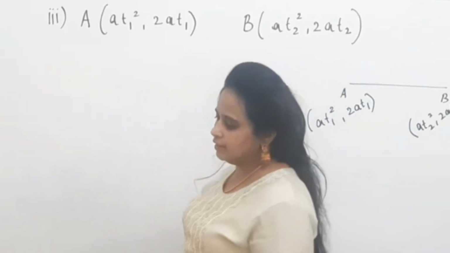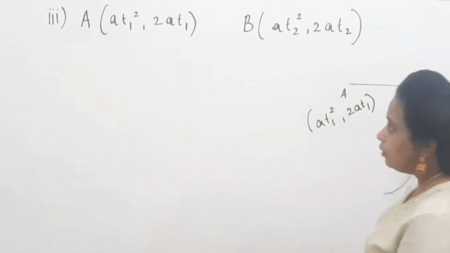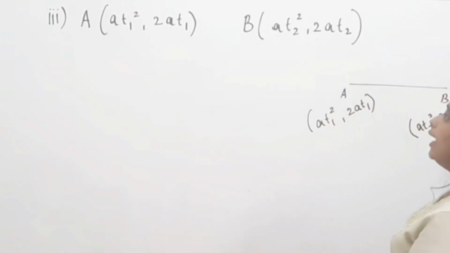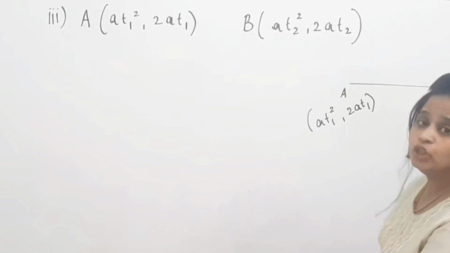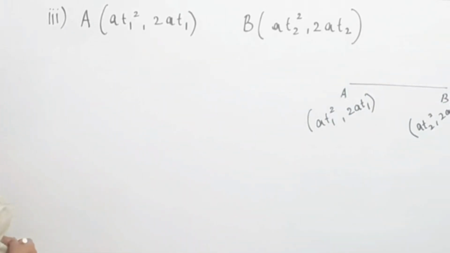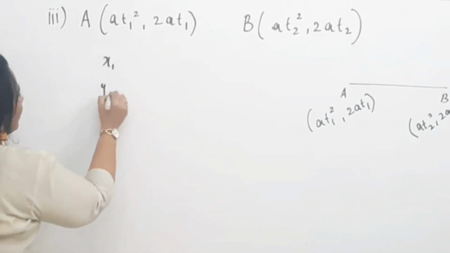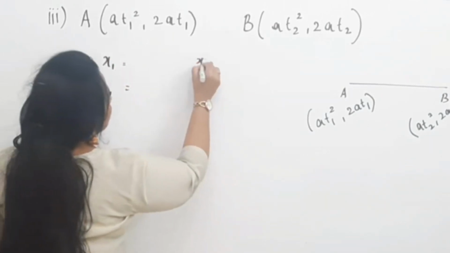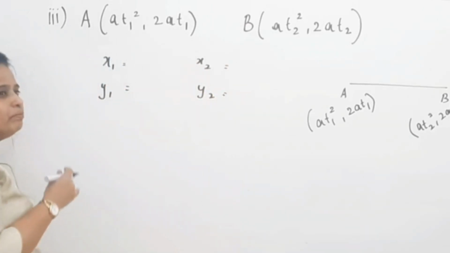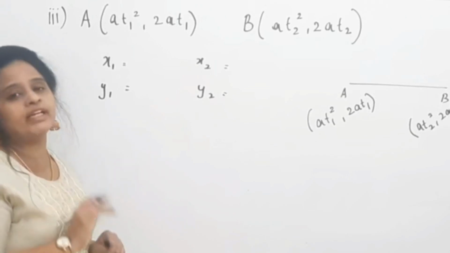The third question is: find the distance between A (a1 square, 2a1) and B (a2 square, 2a2). So I know my line segment goes like this. So I would write my x1 and y1, x2 and y2. This is very important, so you will not make mistakes when so many variables are involved in the question.